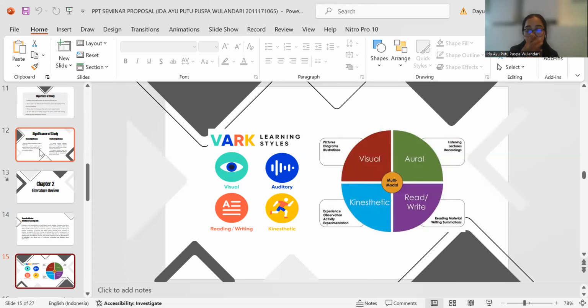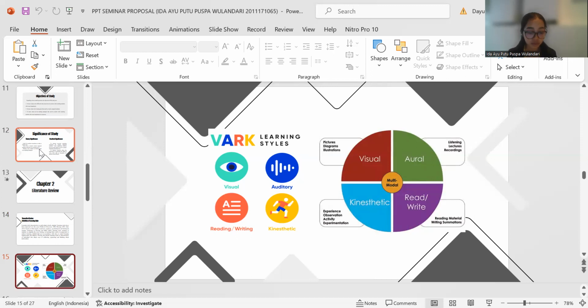Okay, I would like to explain the VARK learning style. The VARK learning style consists of visual, auditory, read and write, and kinesthetic. For the visual learner, according to Fleming and Mills, visual learners love to learn by using their sense of sight, and they will be very happy to see pictures, diagrams, illustrations, and so on.